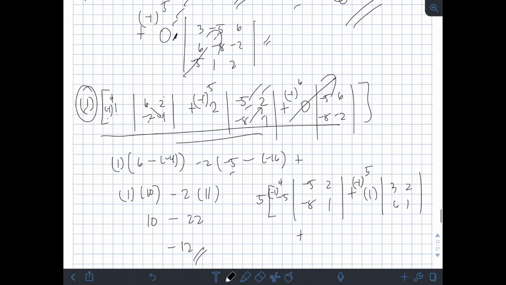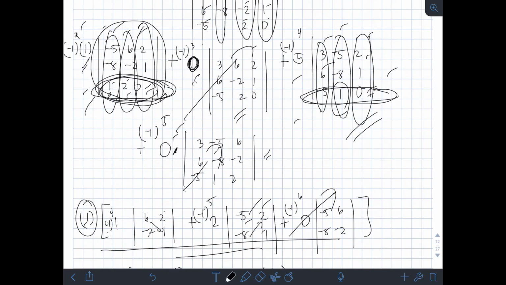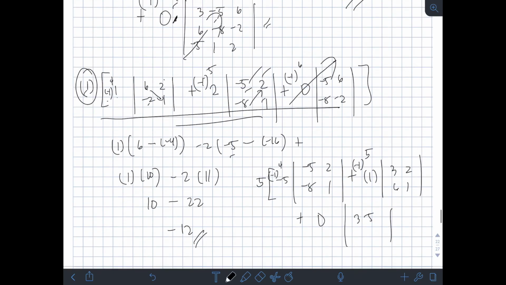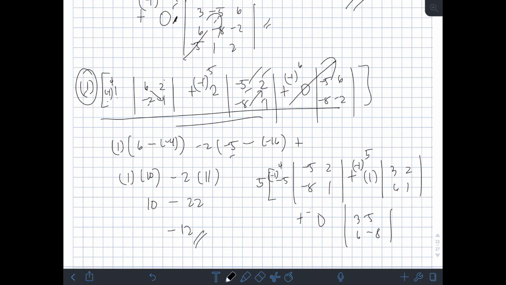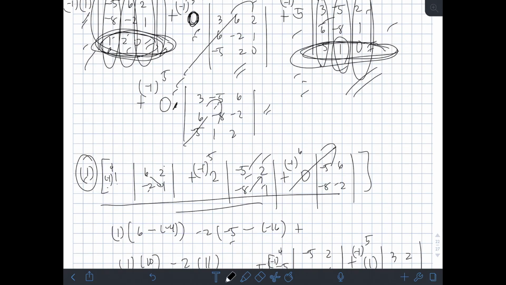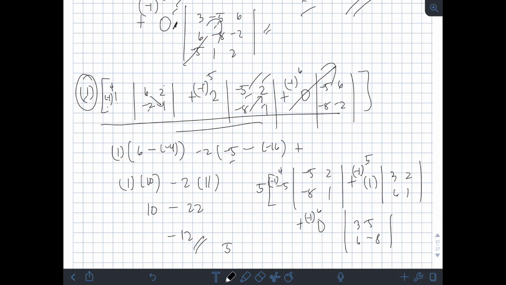Plus, so 0, times cofactor niya, cross natin itong column 3, row 3, natira is 3, 5, 6, negative 8. Then, negative 1 raised to, dahil row 3, column 3, 3 plus 3 or 6. So, meron tayong 5 times.